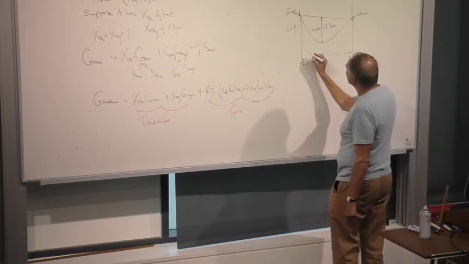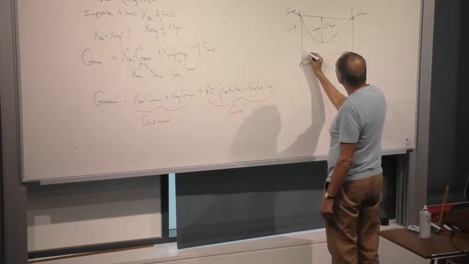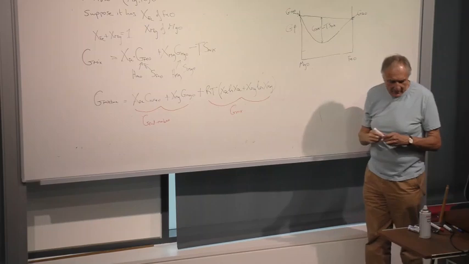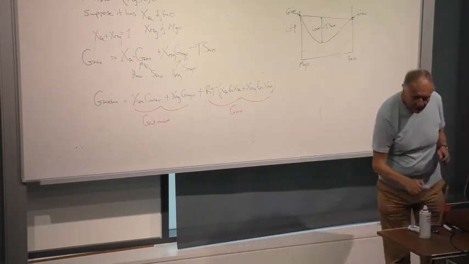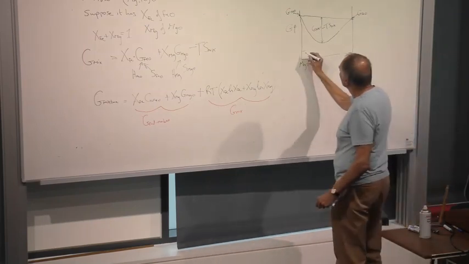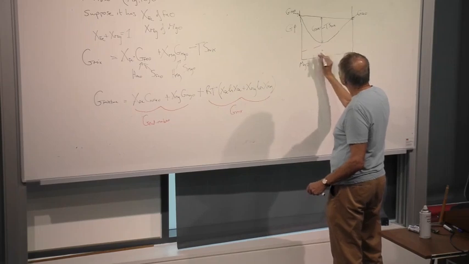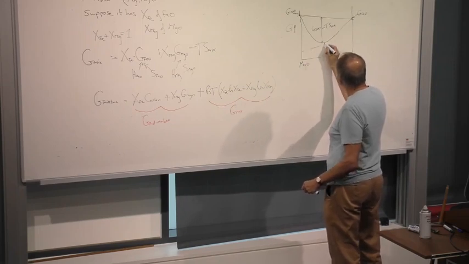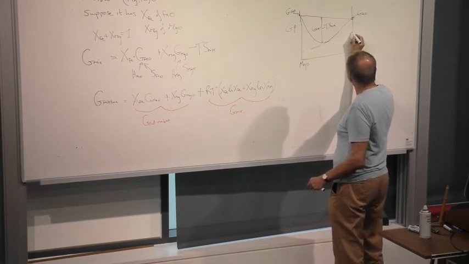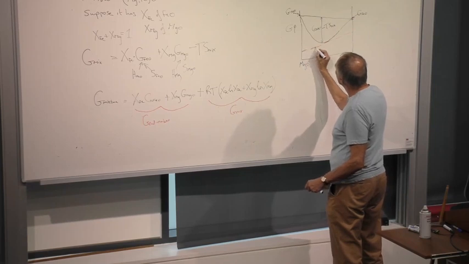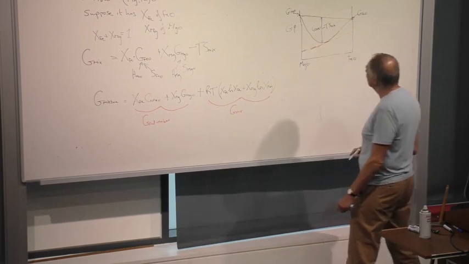And we get those by drawing a tangent to the free energy curve. Helps if it touches, like so.